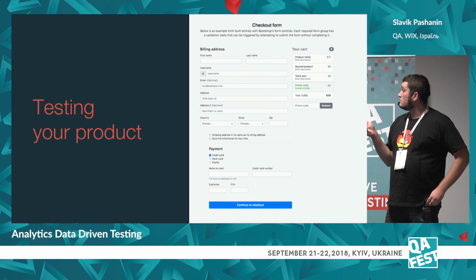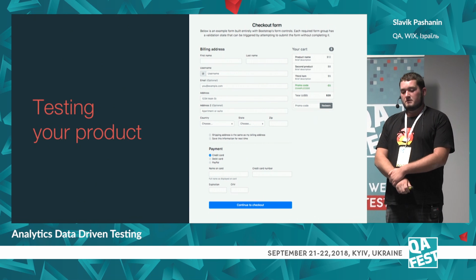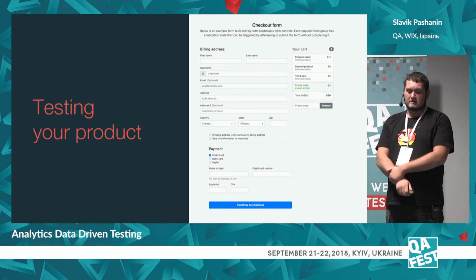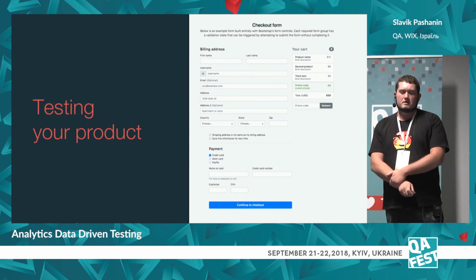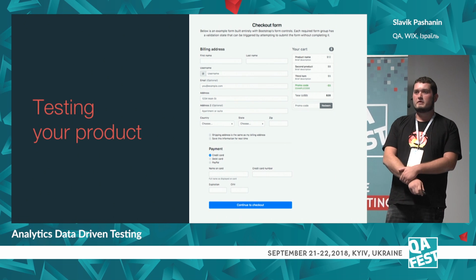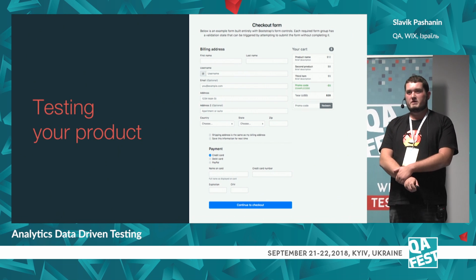So let's take a look at this example. This is our checkout form. We need to test this feature. It has some fields like first name, last name, optional, and mandatory. Each of us can test it in a different way.